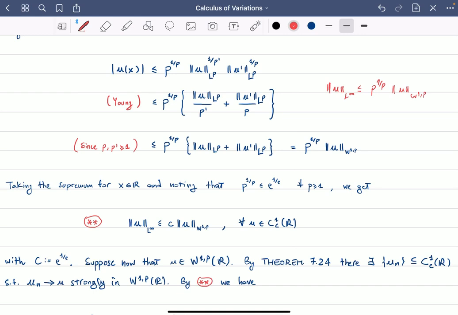And now, since here we want a universal constant not dependent on p, it's not too difficult to check that for p larger or equal than 1 you have this inequality here.